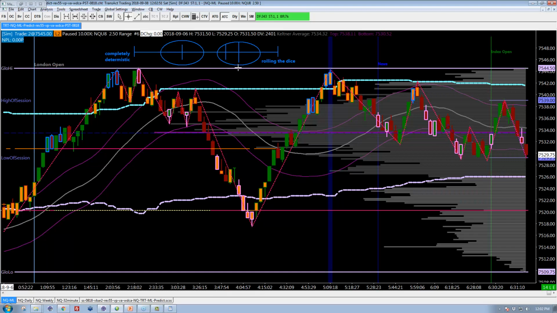The noise in the signal is still present here at the value area edge. That hasn't changed. The overall randomness is the same across the entire range of prices. So when I'm looking at the value area high data, I still need to account for that noise.